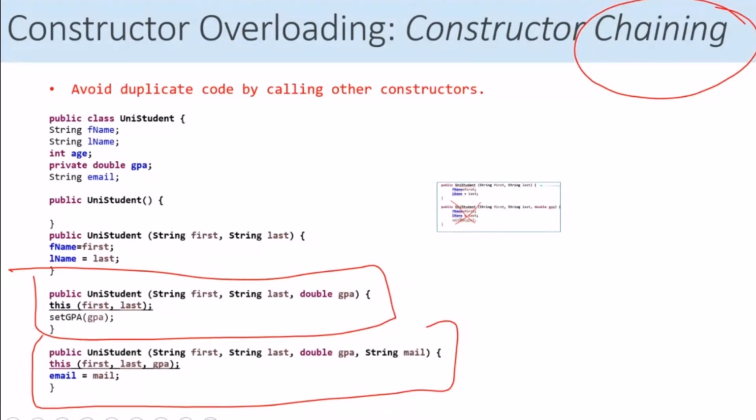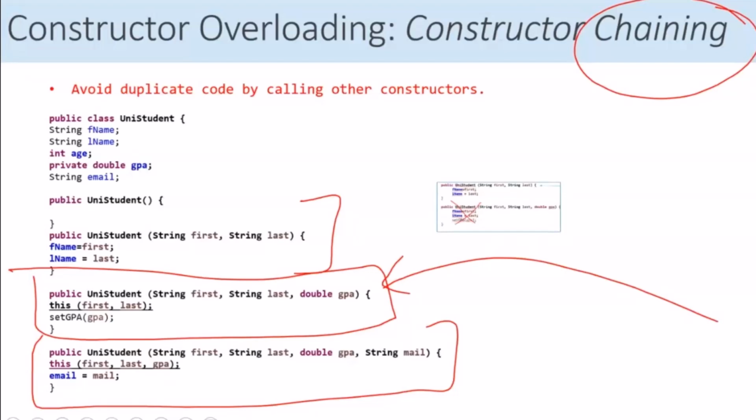Let us say you use the second constructor, this one. So what will be given only? First and last name, right? And if you use this one, this will be given to first and last name. What if you use this one? Look, I want you to pay attention to this.